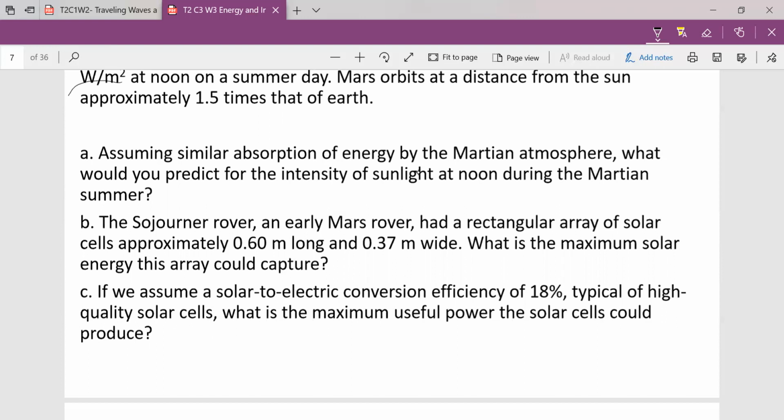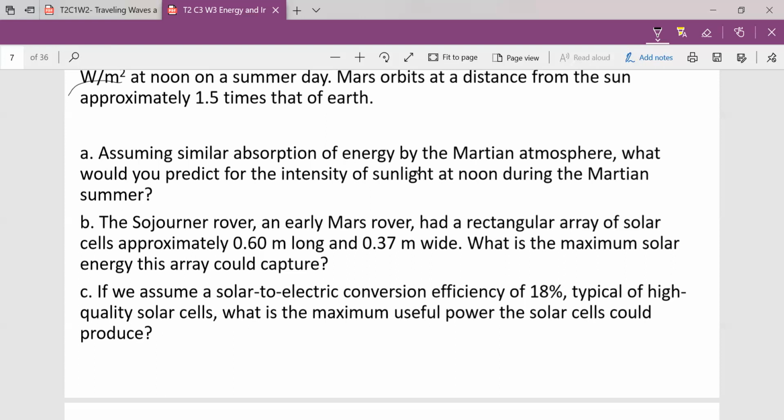B, the Sojourner rover, an early Mars rover, had a rectangular array of solar cells approximately 0.6 meters long and 0.37 meters wide. What is the maximum solar energy this array could capture?